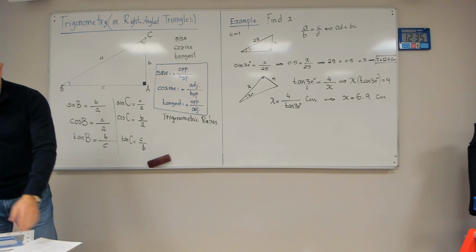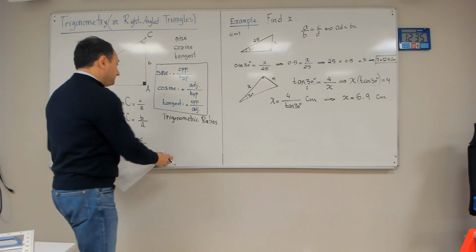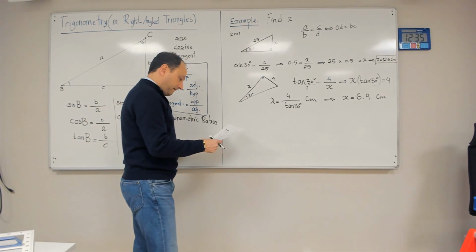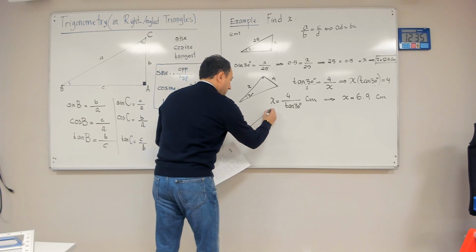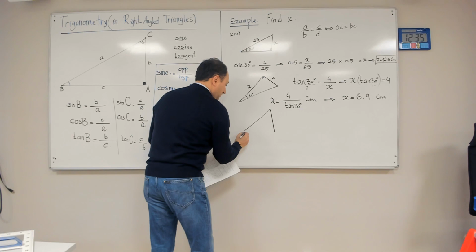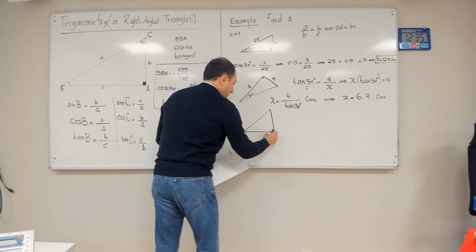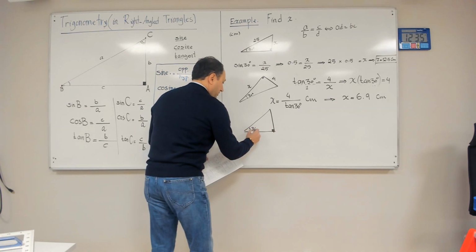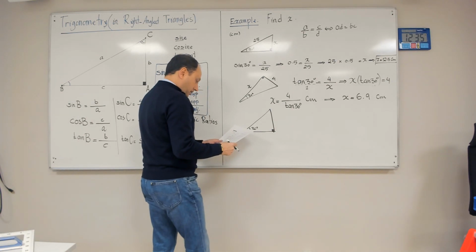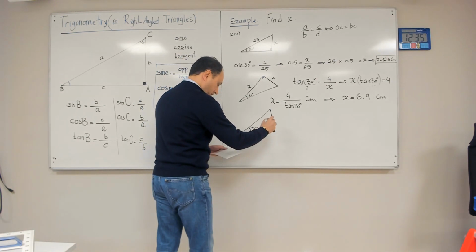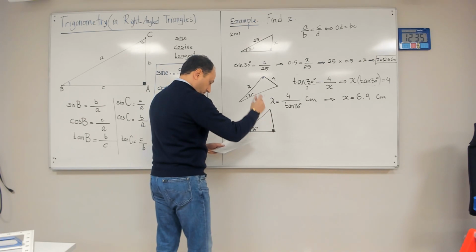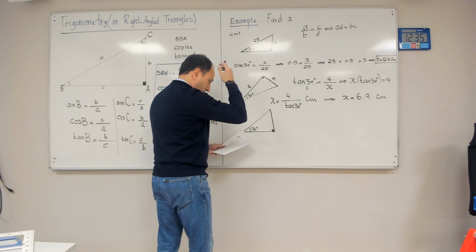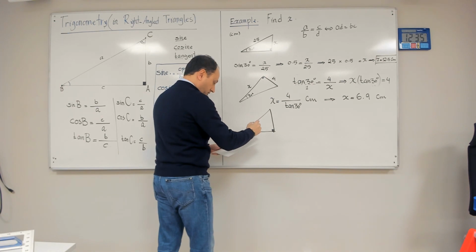Okay, so let me give you another example. What do you think here? So this is given to be 36 degrees, and then this is given to be, yeah, I can just write it like this.